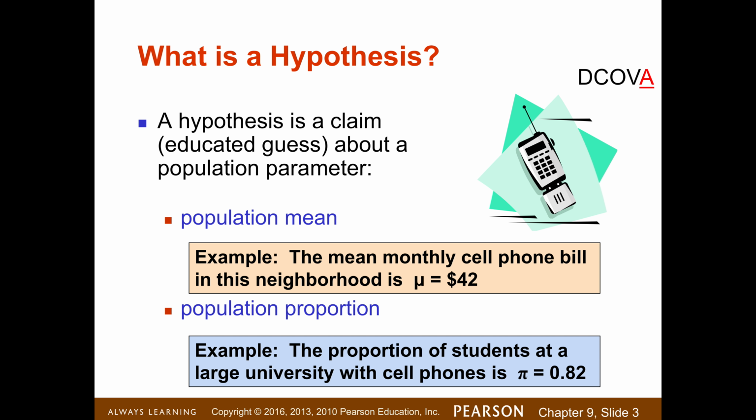So first of all, what's a hypothesis? I think of a hypothesis as a claim that's based on an educated guess. Now, in hypothesis testing, it's a claim about a population parameter. So what if I just wanted to take an educated guess on the average weight of all refrigerators?